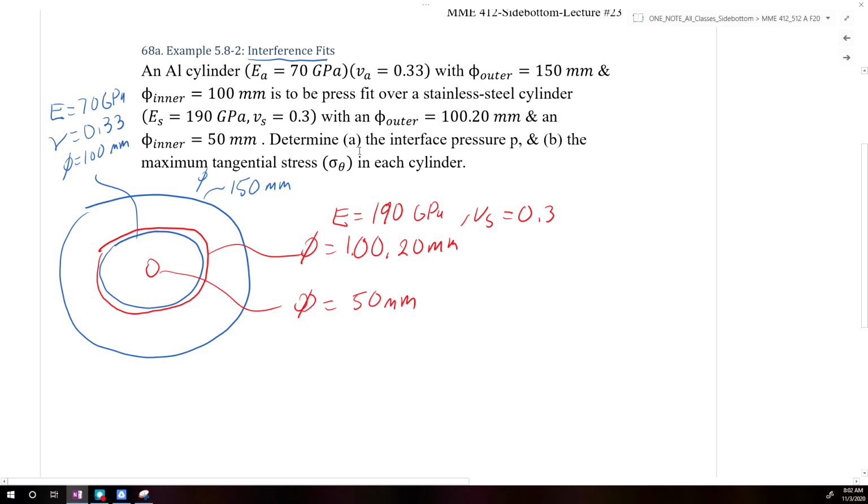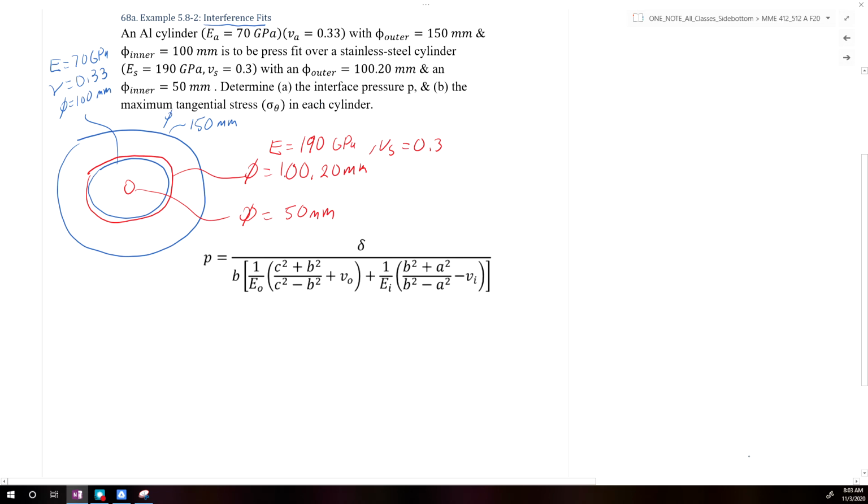That's the first thing we need to do: define our interface pressure. In order to do that, we'll need the following equation. This equation gives us the interference pressure at our interface. So this is the pressure at this interface.